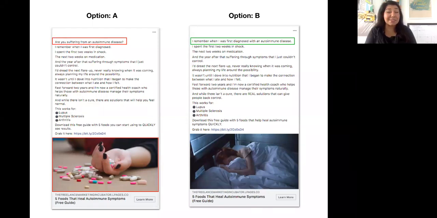The version that is approved, instead of saying, are you suffering from an autoimmune disease, we talk from the client's personal perspective. I remember when I was first diagnosed with an autoimmune disease. This one workaround, when you talk from your personal perspective, from a client's personal perspective, or as a generalization, will solve, again, 99% of your problems.